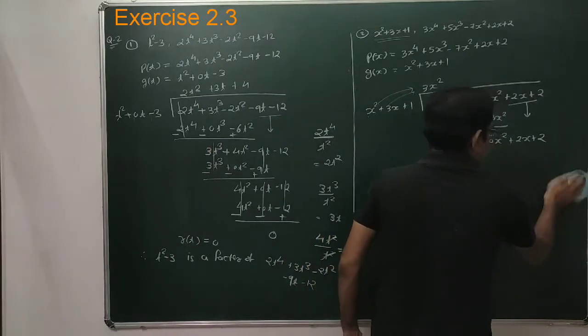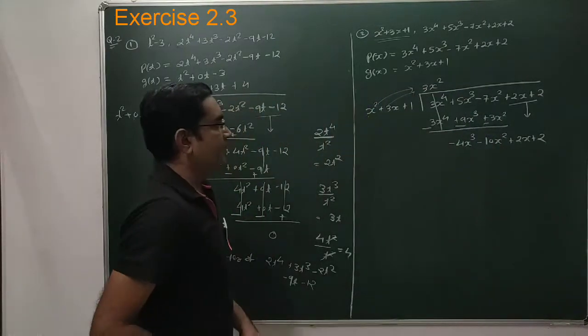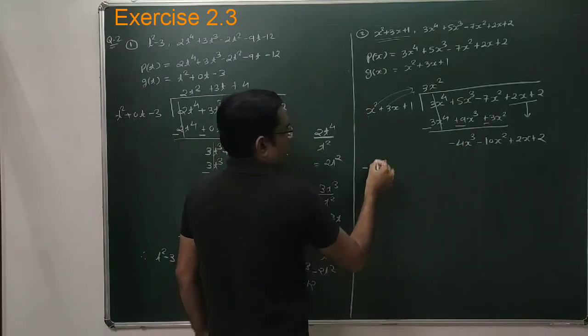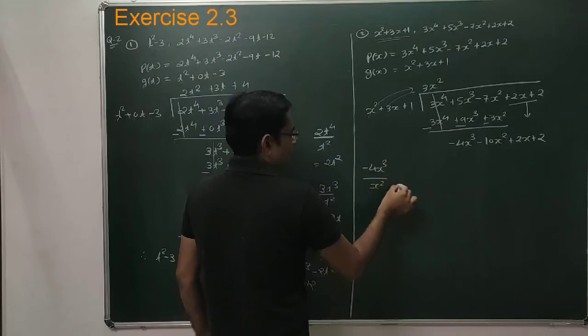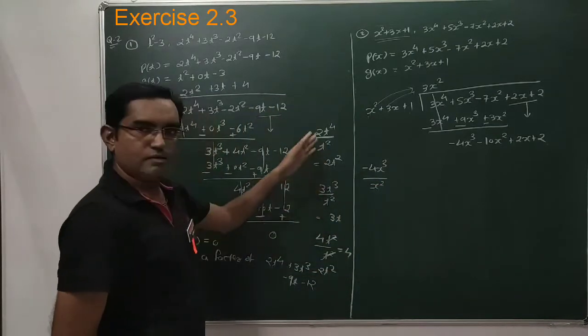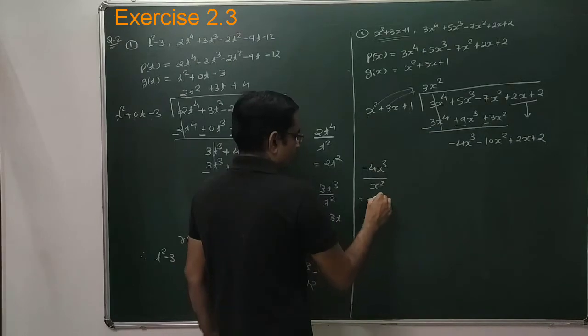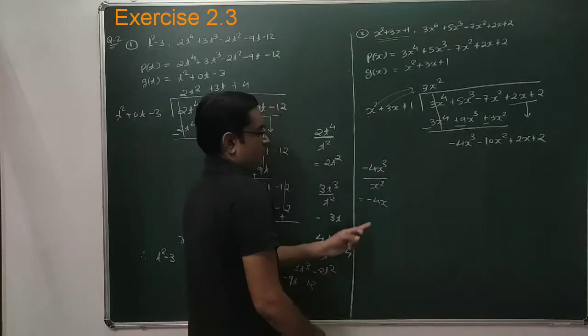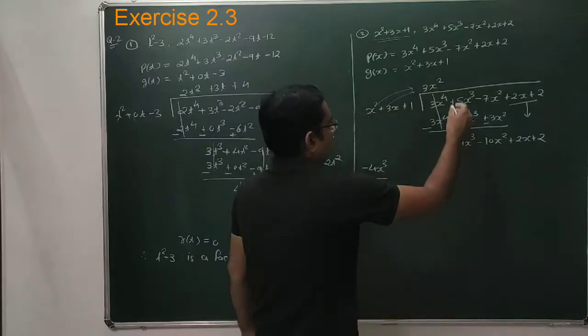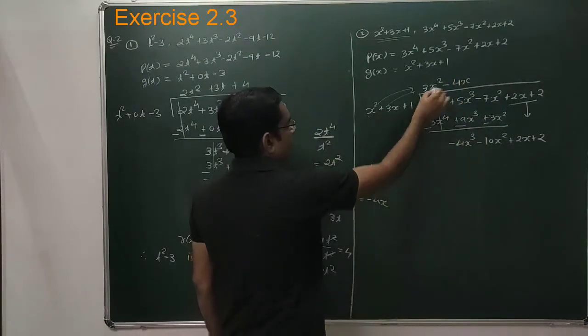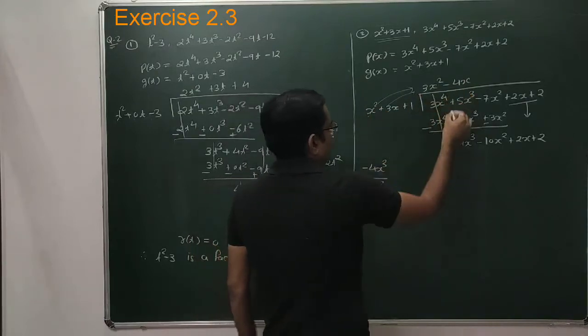Now again for the next step, you have to consider the division of leading terms. So your leading term is minus 4x cube and your leading term is x square. You have to perform this division in your rough page. So this one is x square and x cube, so this is equal to minus 4x. So you have to write this minus 4x in this quotient part. It's a minus 4x. Multiply all these three terms with this minus 4x, x square into minus 4x.